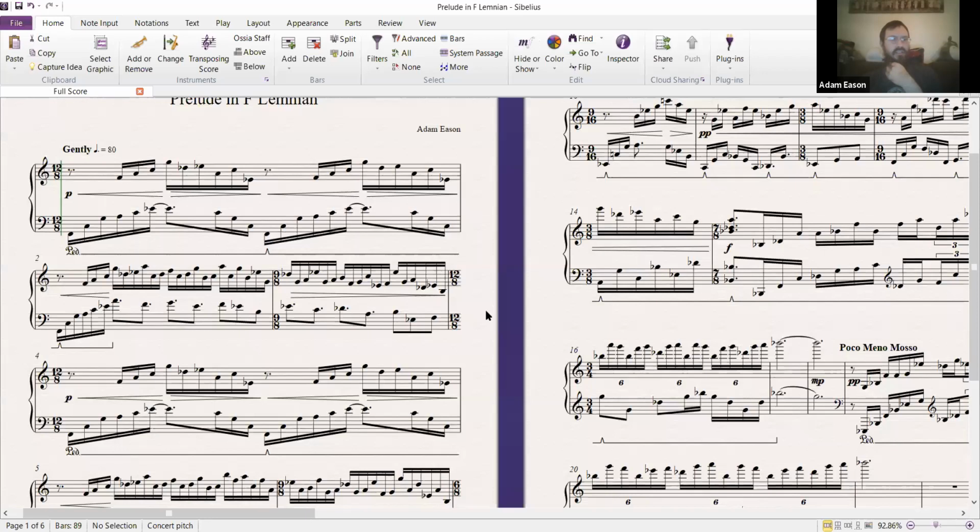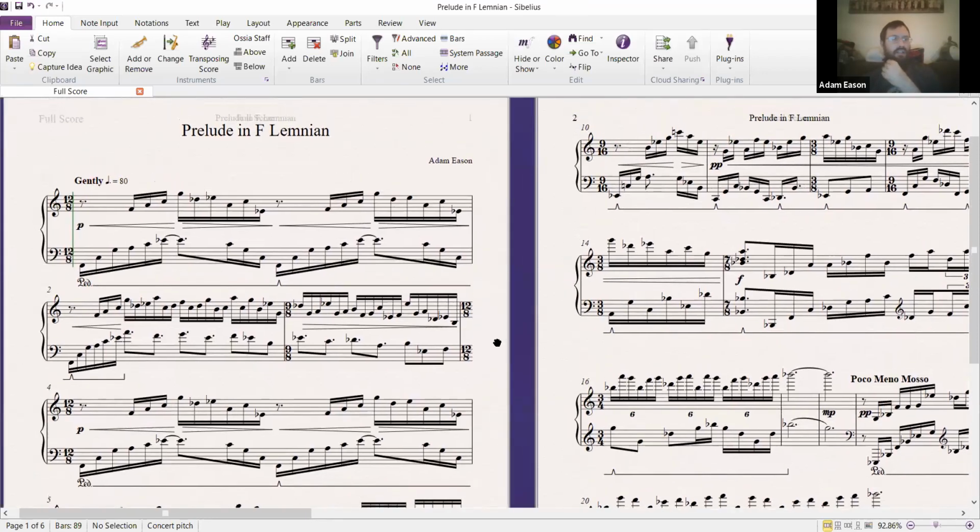So when I came back to them, I wanted to do a slightly different stylistic approach, basing the style more on Romantic, either Liszt or Chopin sort of preludes.